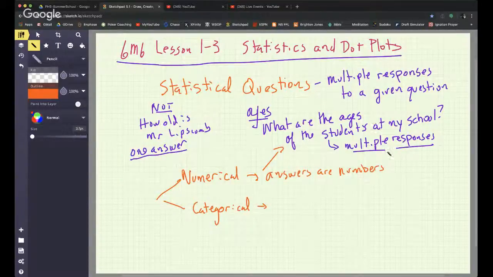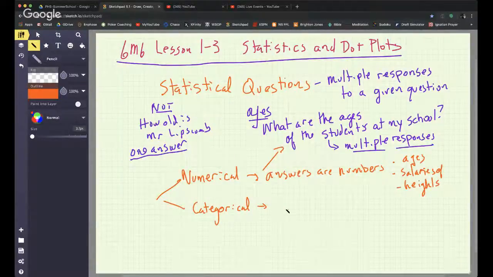So the ages, the heights of the students at my school, the salaries of, ages, heights. These are all numerical questions.